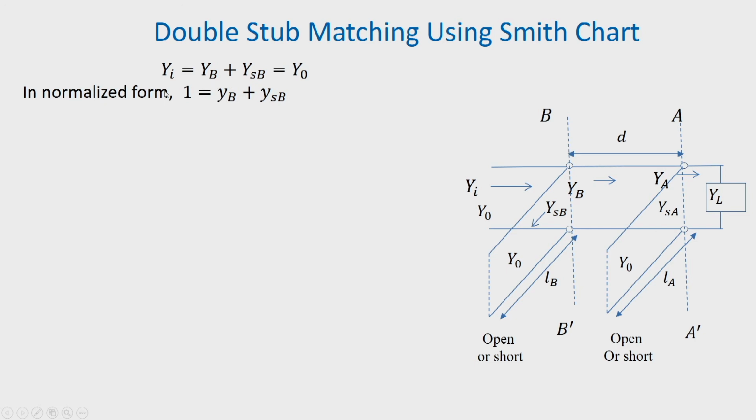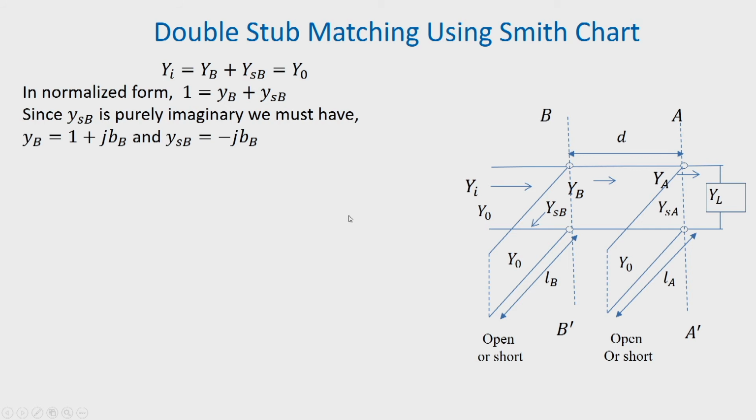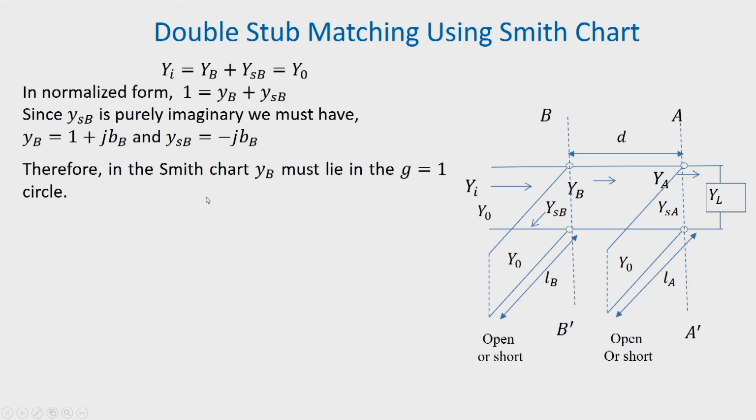We can write this equation in the normalized form: 1 is equal to normalized y_B plus normalized y_SB. Since Y_SB is purely imaginary, we must have Y_SB equal to minus jB_B, the susceptance of the stub, so that we finally get y_I equal to 1.